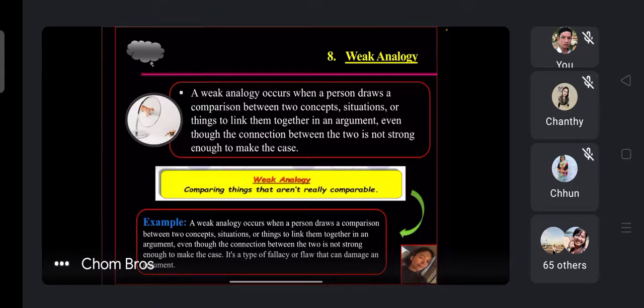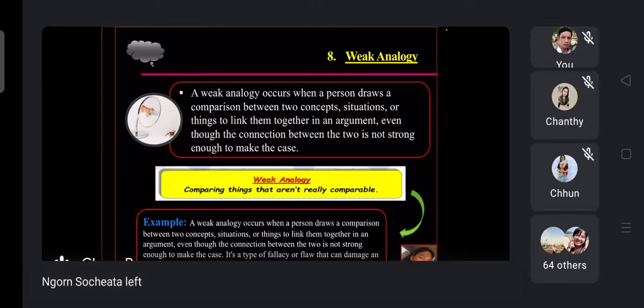So, number 8, we will talk about faulty analogies. A faulty analogy occurs when a person draws a comparison between two concepts, situations, or things to link them together in an argument, even though the connection between the two is not strong enough to make it work.